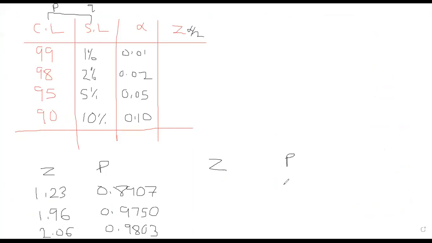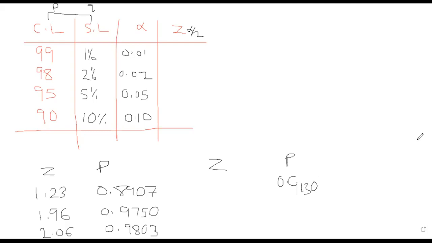Suppose you're being asked to find the Z figure of the probability 0.9130. Can you help me find the Z for 0.9130? So let's go to the table.